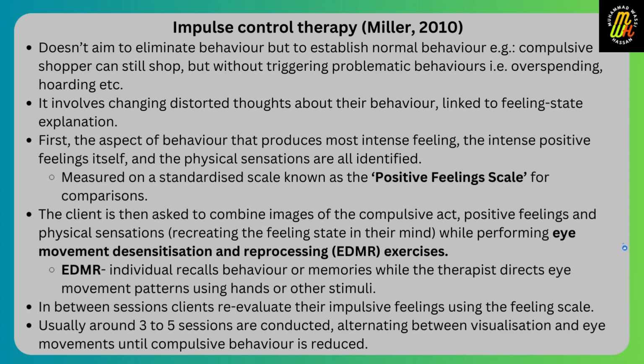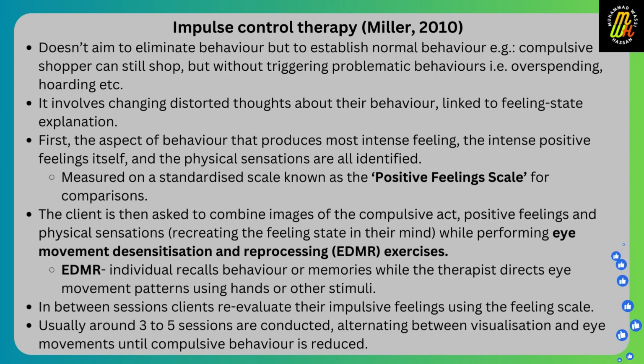First, the aspect of behavior that produces the most intense feeling. The intense positive feeling itself and the physical sensations are all identified, measured on a standardized scale known as the positive feeling scale for comparisons.